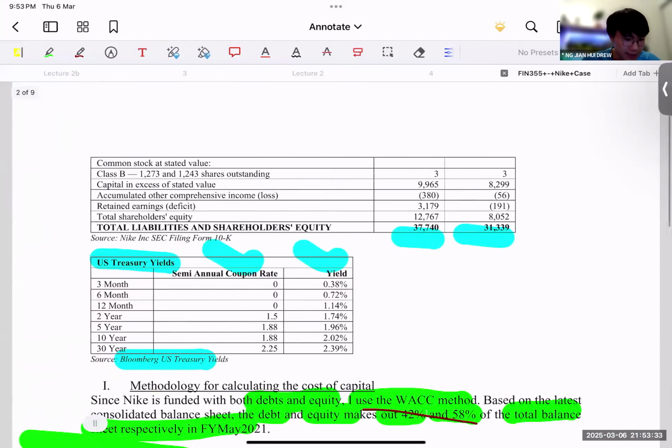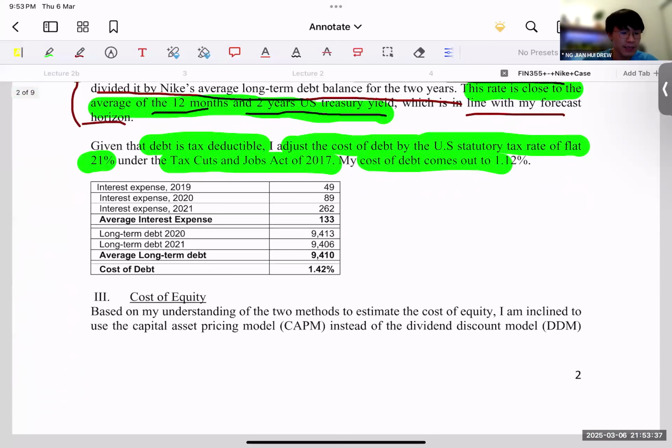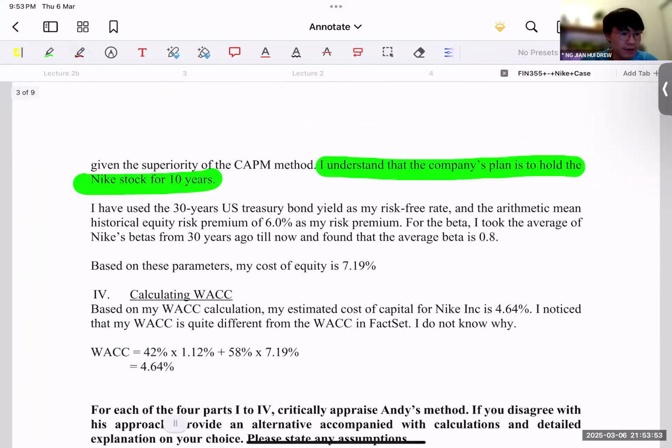What else? Let's look at the last part. Cost of equity. Okay, cost of equity. Based on my understanding of the two methods of estimating cost of equity, I'm inclined to use the CAPM model instead of the discounted dividend model, given the superiority of the CAPM model.